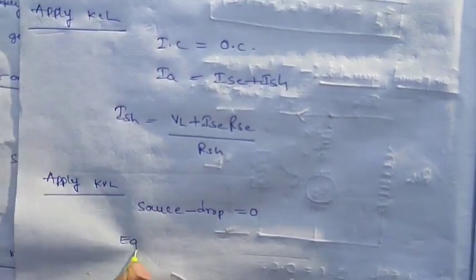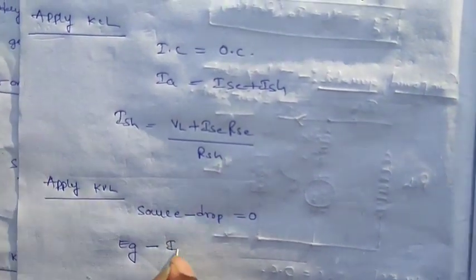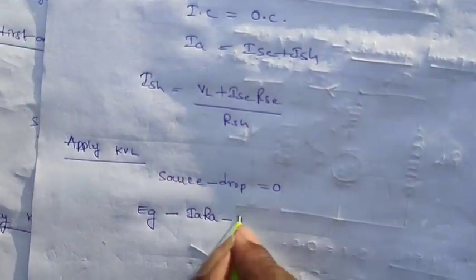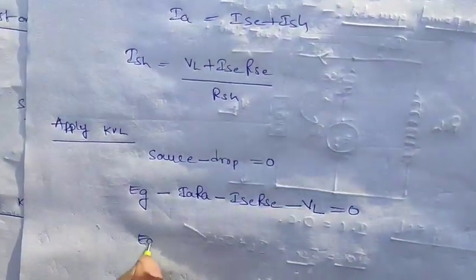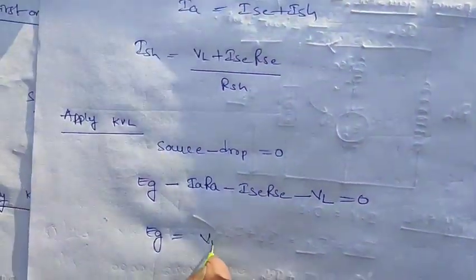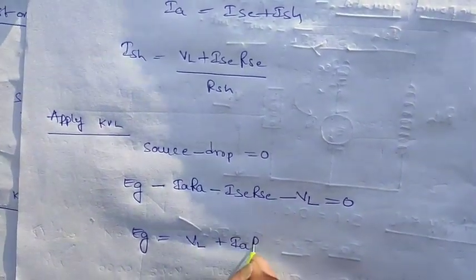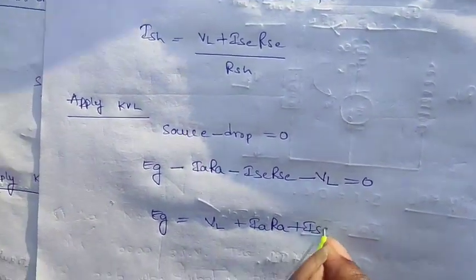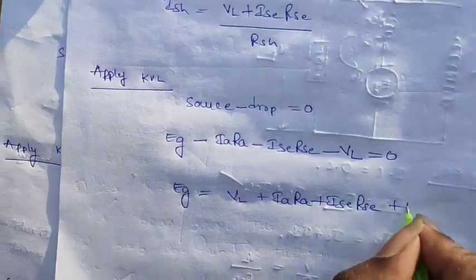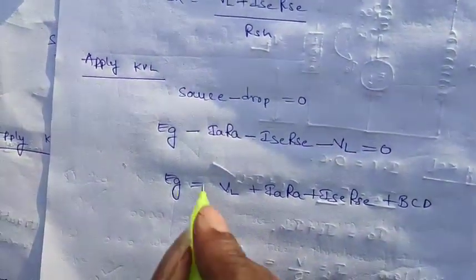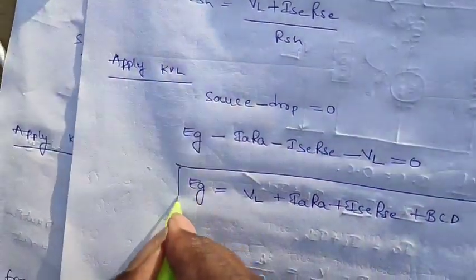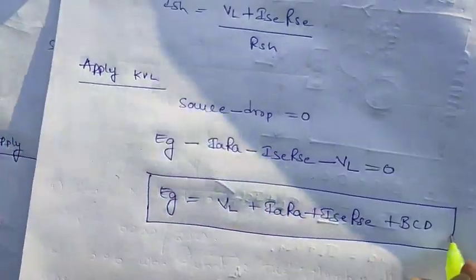Here the source is EG, the drop in the armature is IA RA, and the drop in the series field is ISC RSC, minus VL equals 0. So EG equals VL plus IA RA plus ISC RSC, plus brush contact drop BCD in case there is one.